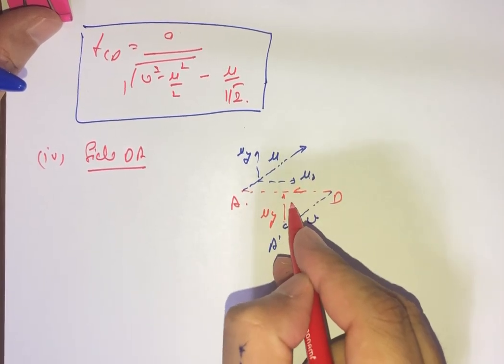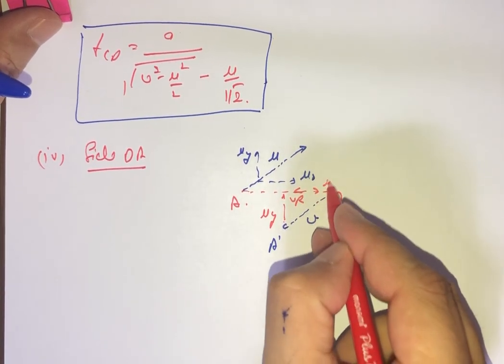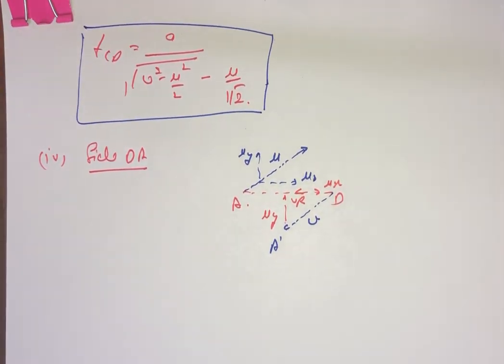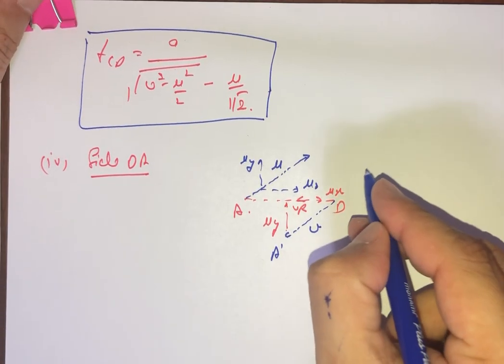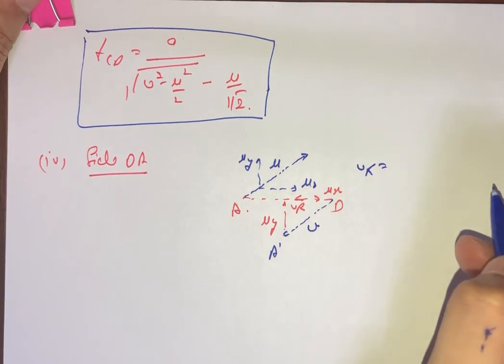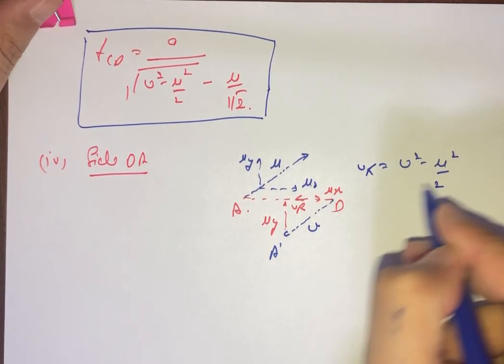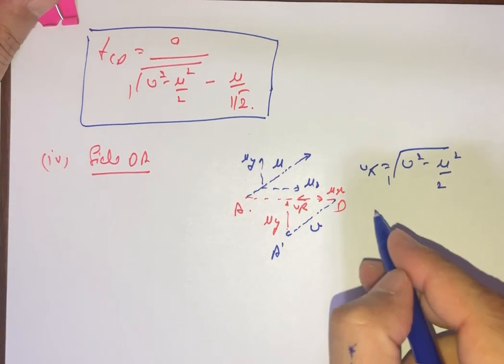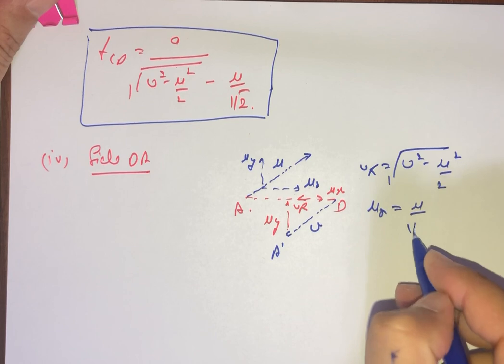So we have to get V resultant in this direction, and UX in opposite direction. So we can write VR is equal to square root of (v square minus u square divided by 2), and UX will be equal to u divided by square root of 2.